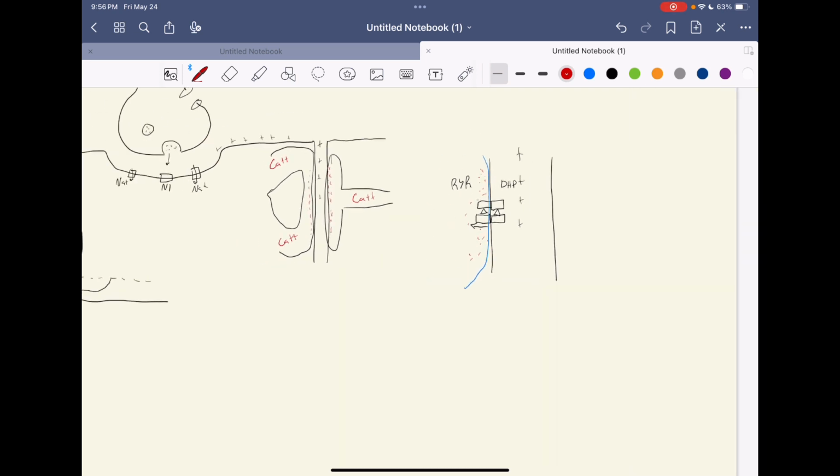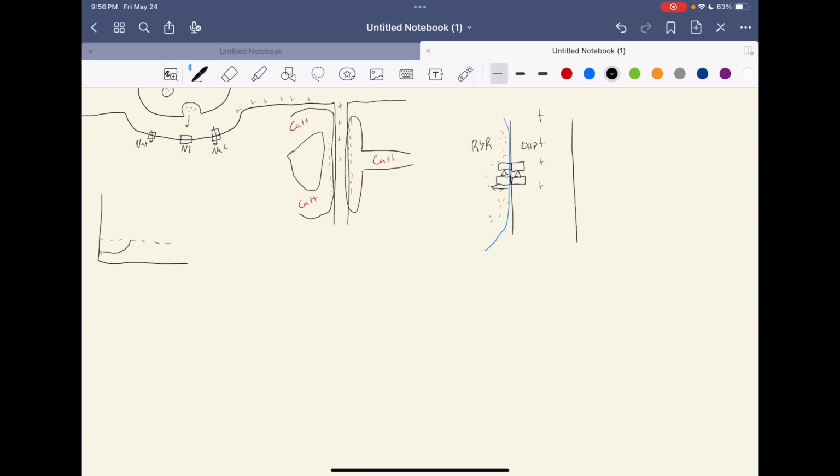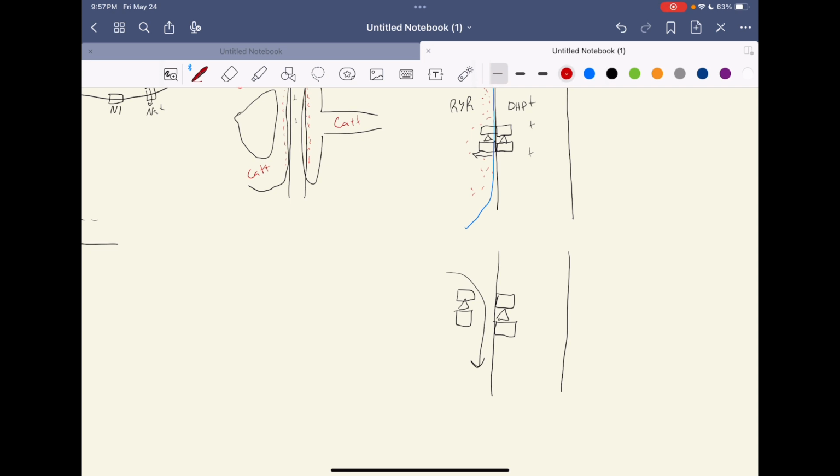As this opens, let me draw one just below it, another open one. So we'll have the DHP here, but we'll have an open section of the RYR, the ryanodine. And so this calcium will start to rush out from the SR.